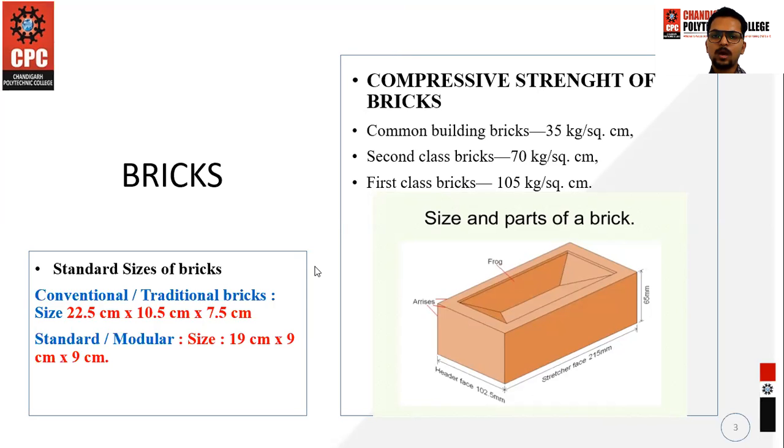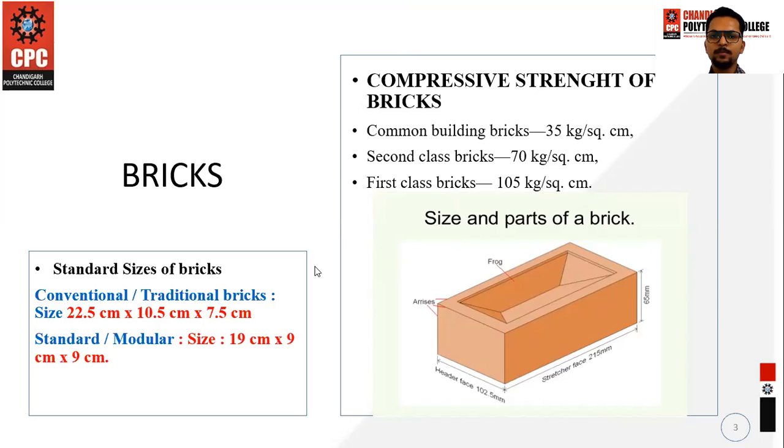The first requirement of a brick is that it should fulfill its size and shape. Secondly, it should have compressive strength. Whenever we have to use a brick, we have to ensure that the brick is safe for bearing the load of a structure. In this slide, I have mentioned certain classifications according to compressive strength.